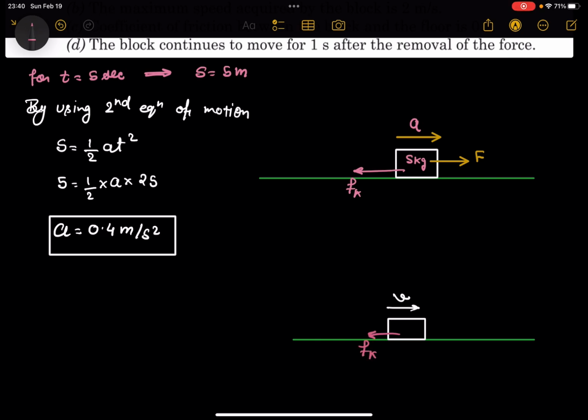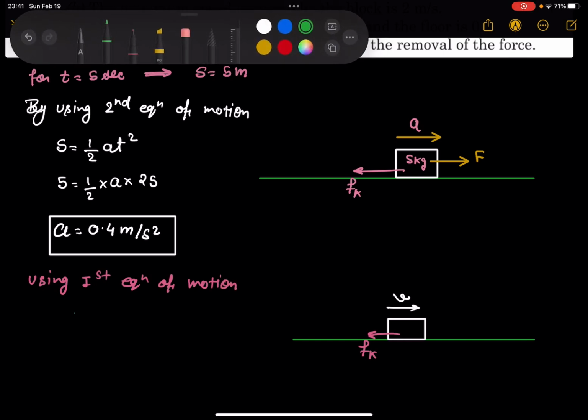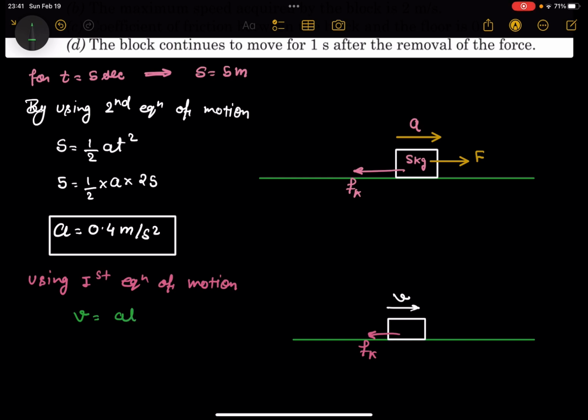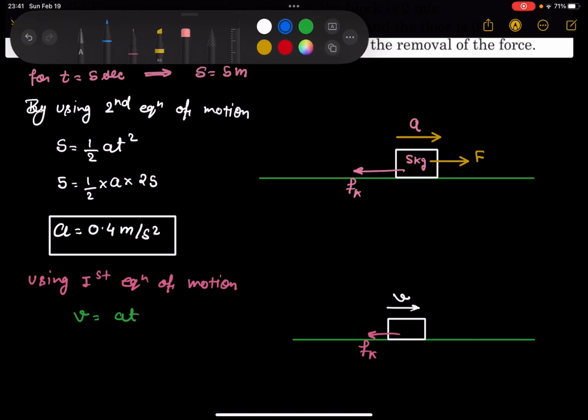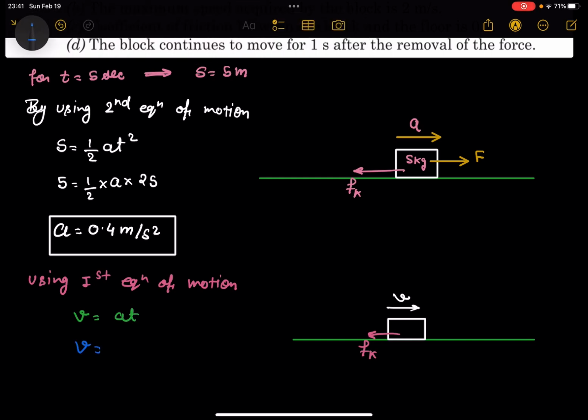We can very easily calculate this velocity by using the first equation of motion. What is the first equation of motion? v is equal to at. So v is equal to at, where a is 0.4 and t is 5, so v is equal to 2 meter per second.